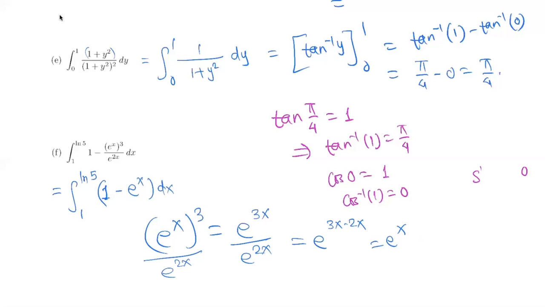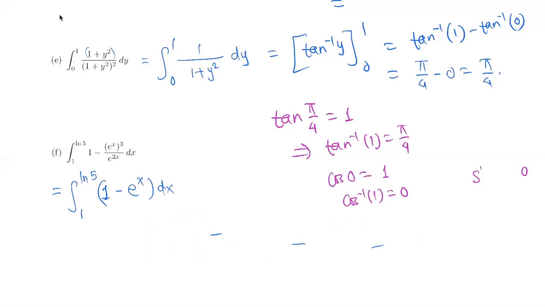Now it should be pretty simple. Now we integrate and apply the limits. So antiderivative of 1 is x minus antiderivative of e^x is just e^x. Plus C is not needed. Now we go from 1 through ln 5.